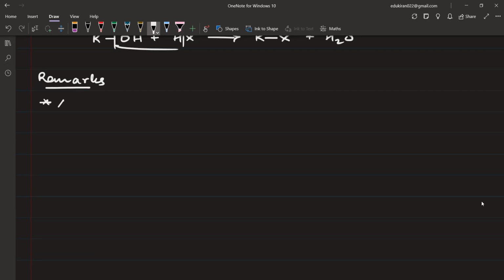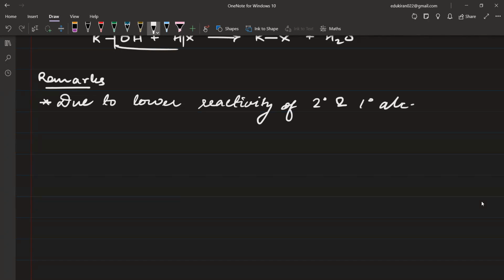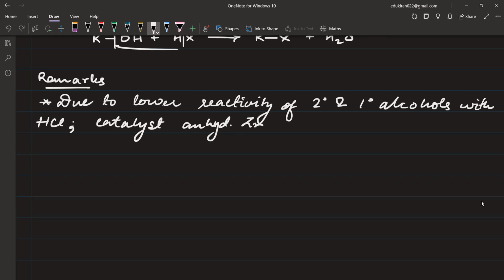Please write, due to lower reactivity of 2 degree and 1 degree alcohols with HCl, the catalyst anhydrous ZnCl2 is used.